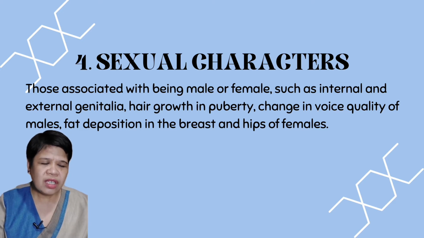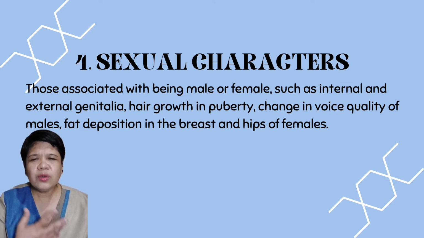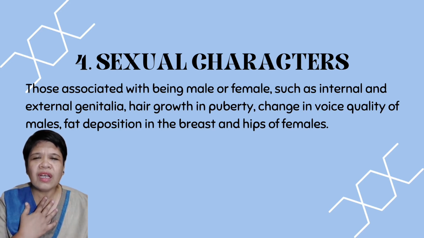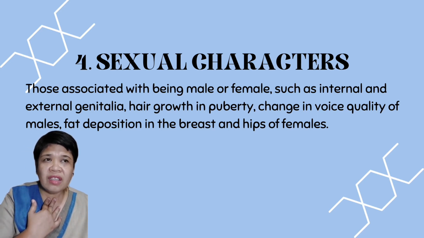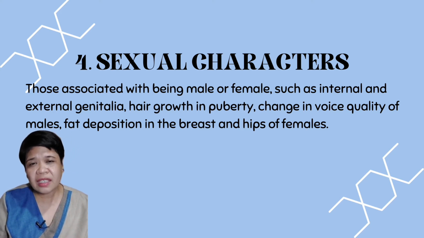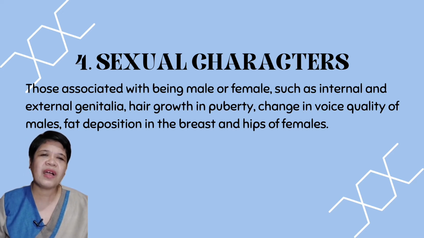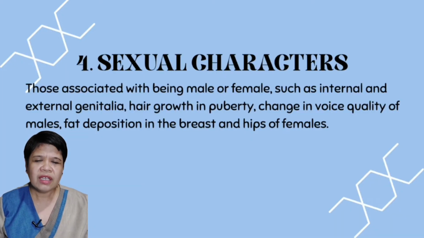So as you notice, during the adolescent period, the boys develop an Adam's apple, and the girls, their breasts and hips grow larger, especially when they begin menstruation. So these are examples of sexual characters.